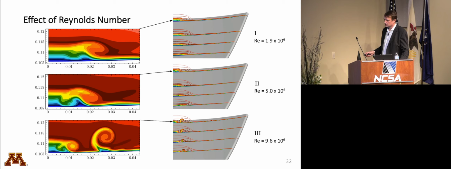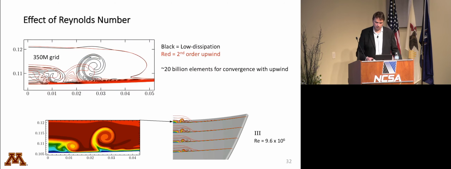Of course, this flow field is higher Reynolds number, thereby less viscous dissipation, larger range of length scales, and this calculation is actually quite challenging. And just to remind you again of the power of the numerics, here's what you get in that region if you run with the low dissipation numerics. You get this beautiful black spiral, this vortex, which is shown here. And then if you run with the second order upwind on 350 million, you get this behavior.